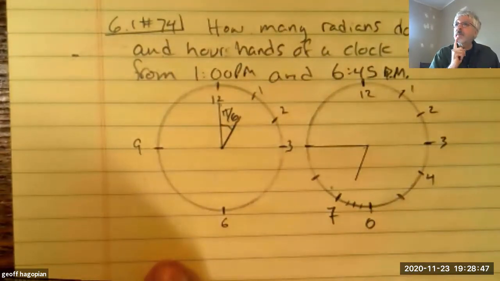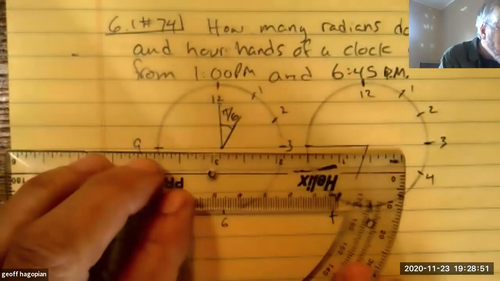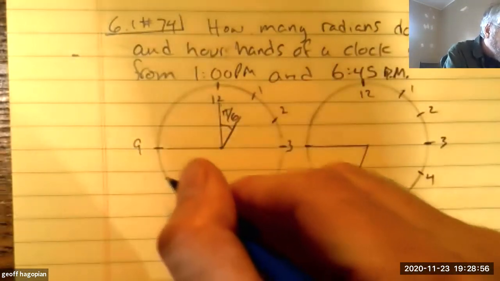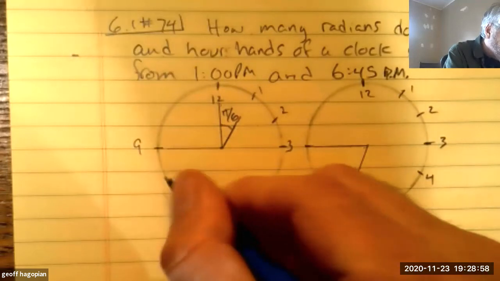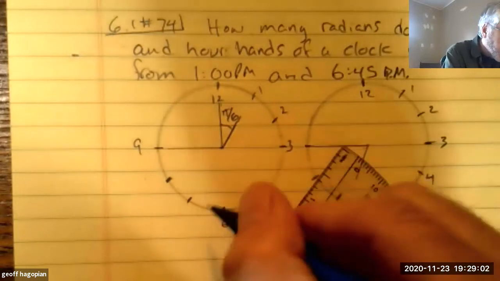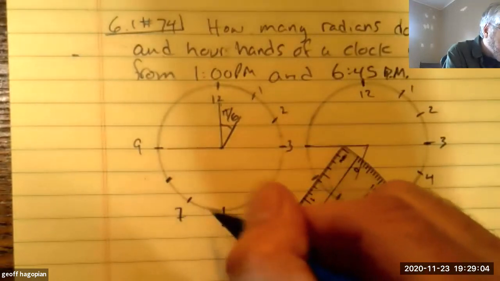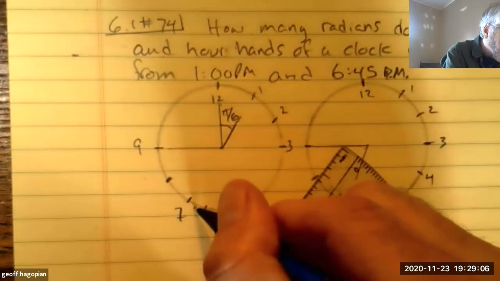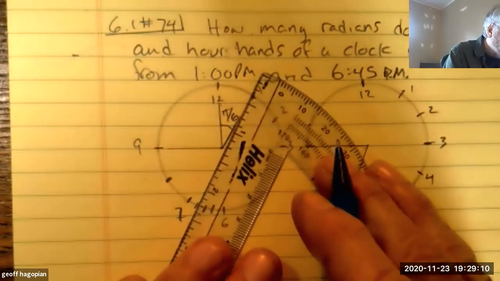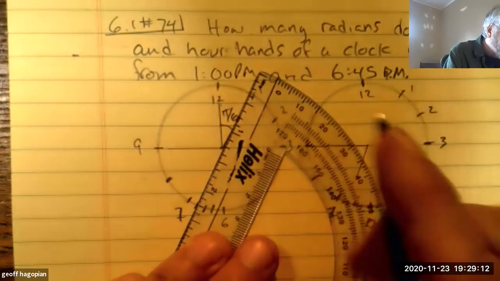Maybe I should have done this in the same circle. Should we do that? So the hour hand is moved over to here. I'm going to take the interval between 6 and 7 and divide it into 4 equal pieces. So I can say 6:45 is 6 3/4 of an hour.